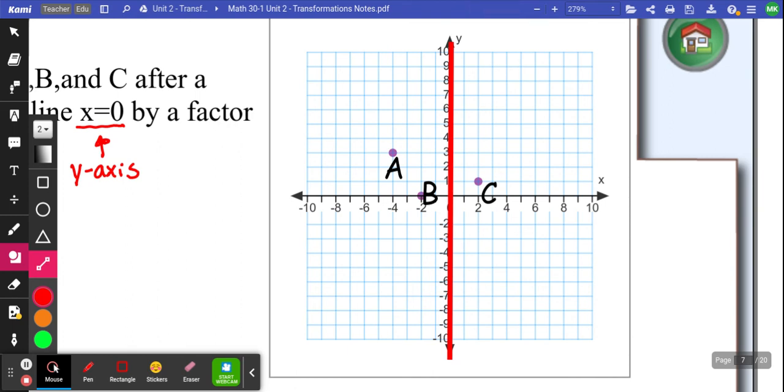If I moved up or down, I'm not getting any further away from the y-axis. I need to move left or right because I'm stretching away from it. So if you're moving left and right, which values are changing? The x values would change because you're going left or right. You're moving your point away from the y-axis. So the x values are changing.